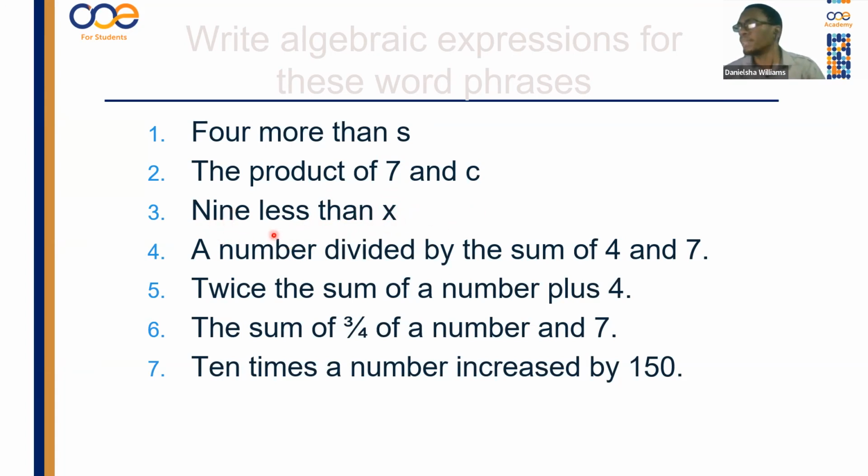We keep the sign, which is less than, and then 9 would come after, and the variable would come before. That's the rule for sentences with "than": more than, less than, greater than, lesser than, etc.